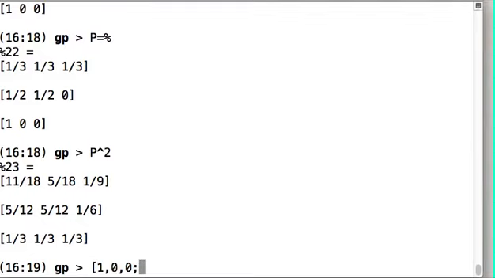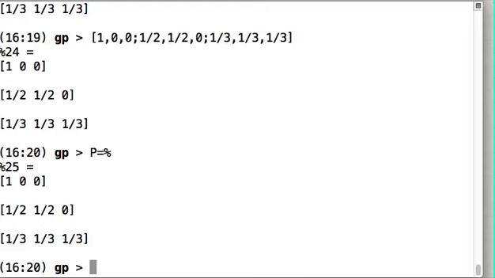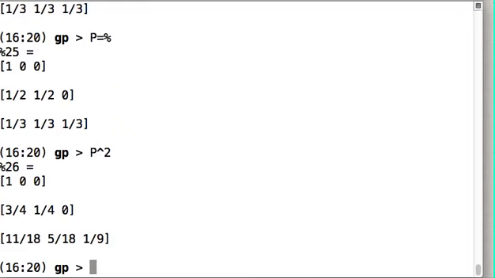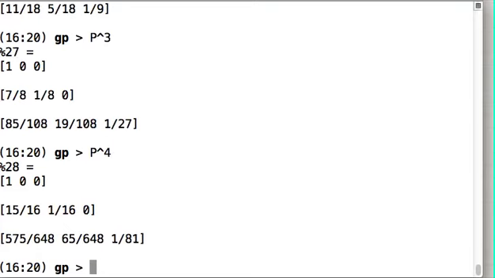So 1, 0, 0, 1/2, 1/2, 0, 1/3, 1/3, 1/3. Now this is my new P. Well, what's P squared? 1, 0, 0 is still the top. What's P cubed? 1, 0, 0 is still the top. There's still a 0 in the second row. P to the fourth, 1, 0, 0 is still the top. You could generally show that for any power of P.